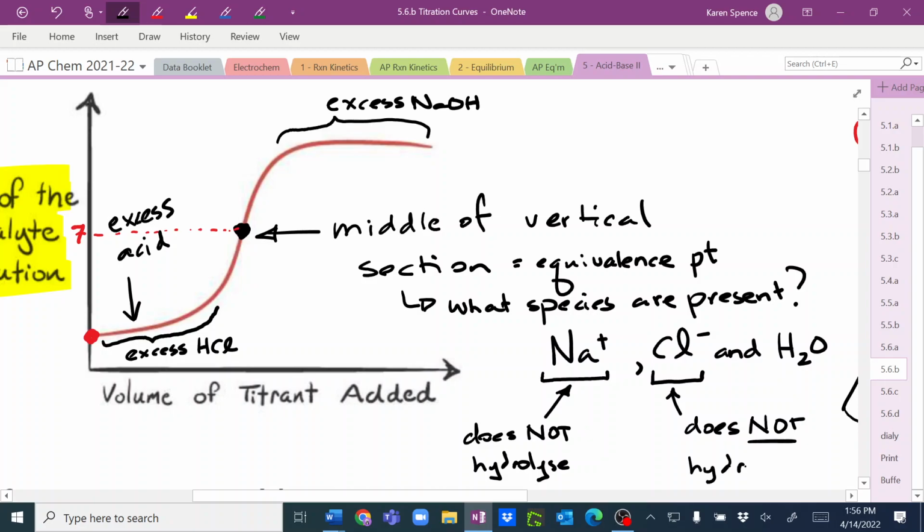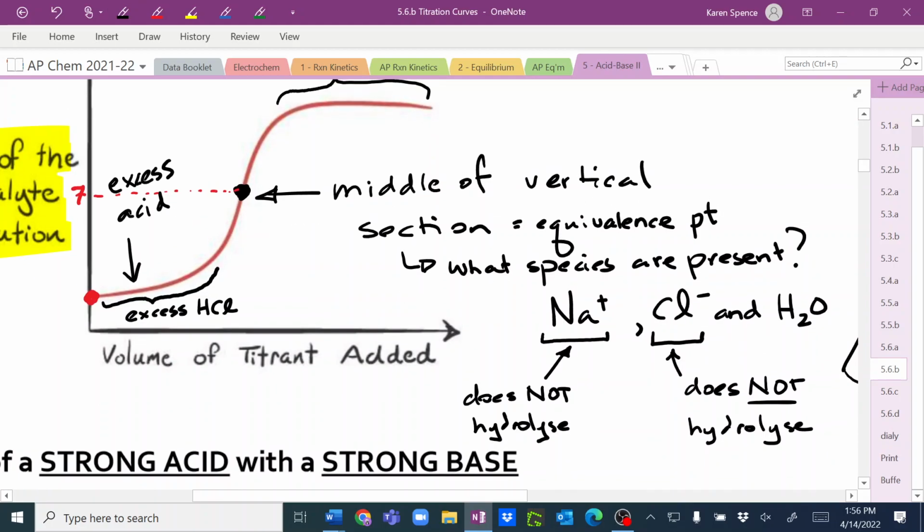And therefore, the pH is 7. If you had hydrolysis of the salt, then your pH at the equivalence point would not be 7. Okay, but in a strong acid, strong base, those species are always going to be the conjugate acid and base of a strong one, so they can't hydrolyze in the backwards direction. Does that make sense? Yeah, okay.